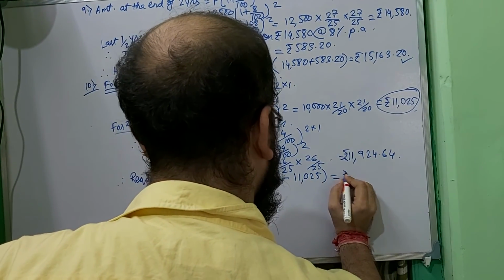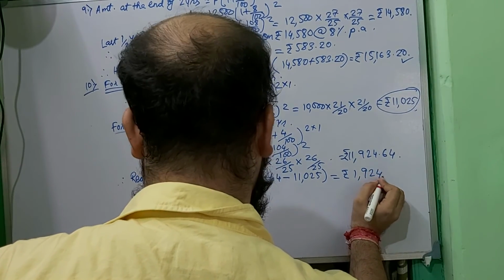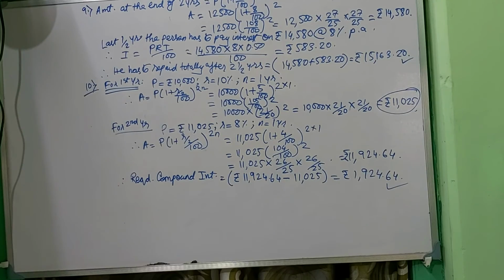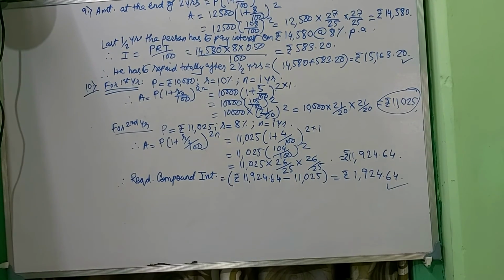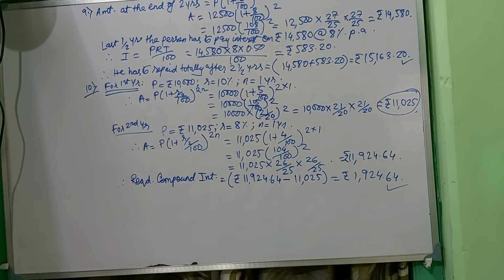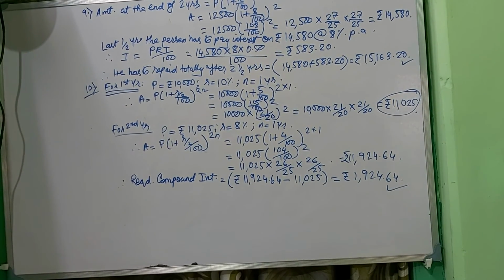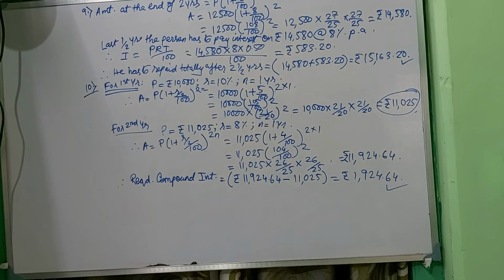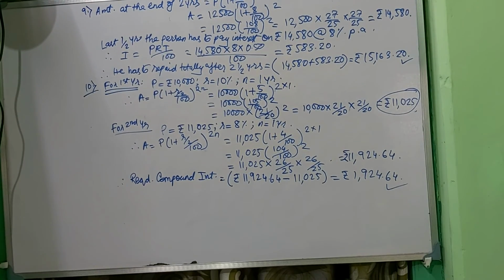You will get 1,924.64. This is also the answer. I think both of these sums, today's sum as well as the previous day's homework, I have covered. Now I'll move on to giving you a few homeworks which I'll be providing. This is actually the 5th class of my compound interest. So I'll give you the homework. Thank you for your patient watching.